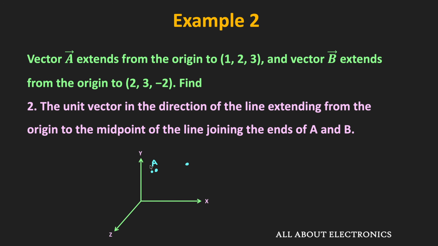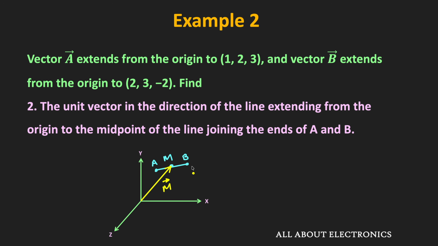Let's say this is point A and this is point B. First, let us draw a line joining the points A and B. Now let's say the midpoint of this line is M. Here, we have been asked to find the unit vector starting from the origin and joining this point M. So basically, we need the unit vector in the direction of this vector M.